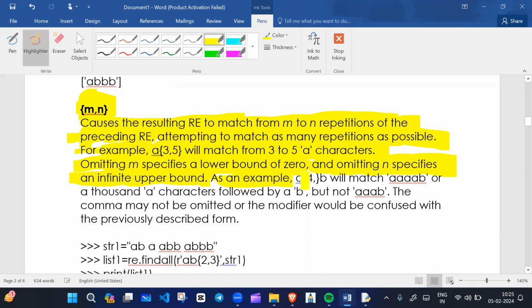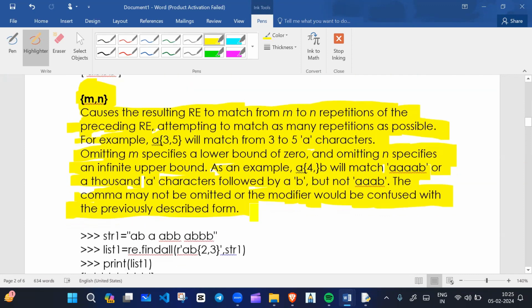As an example, A, curly braces 4 comma, then B will match 4 A's and then B, or 1,000 A characters followed by B, but not triple A B. The comma may not be omitted, or the modifier would be confused with the previously described form.